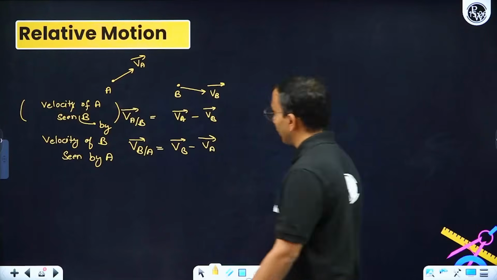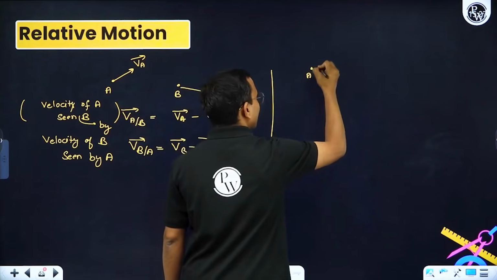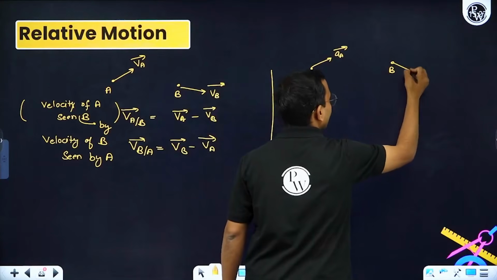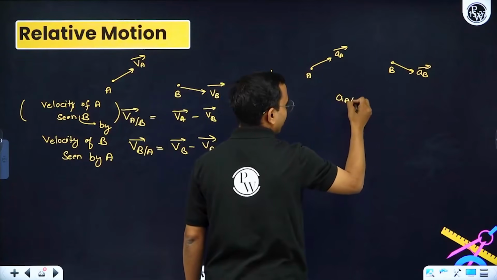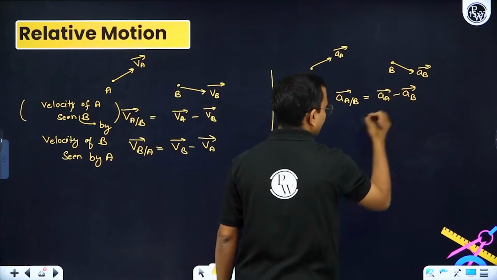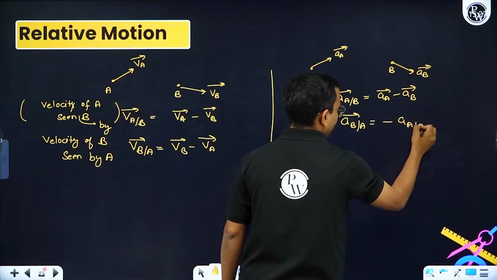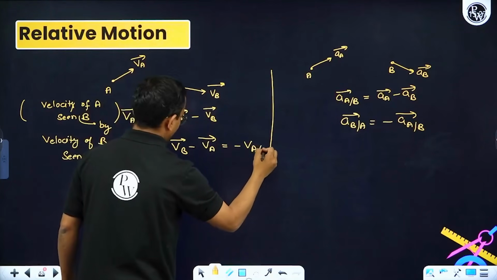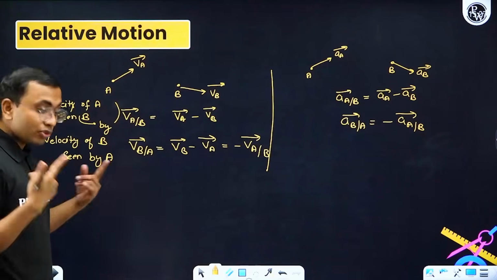If I talk about relative acceleration, that is also the same way. Let us take A is having some acceleration in a particular direction, B is having some acceleration in a particular direction. Acceleration of A with respect to B is acceleration of A minus acceleration of B. Similarly, acceleration of B with respect to A is just the opposite, so minus of acceleration of A with respect to B. Similarly, I can say relative position also.